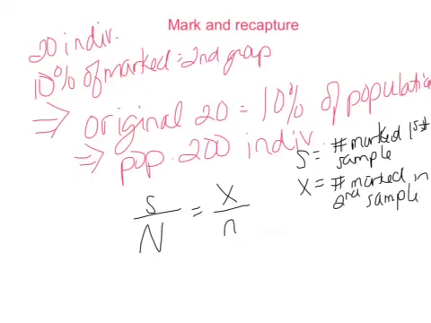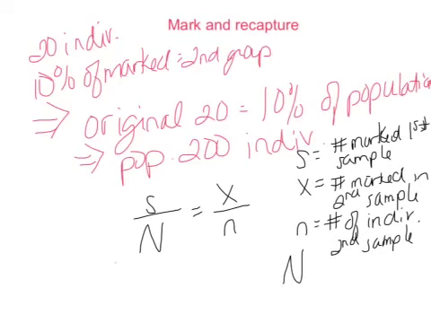Little n is the number of individuals in the second sample. So in total, how many did you capture? Not how many did you mark, but the total number of individuals in the second sample. And N is what you're actually looking for: your estimated population size.